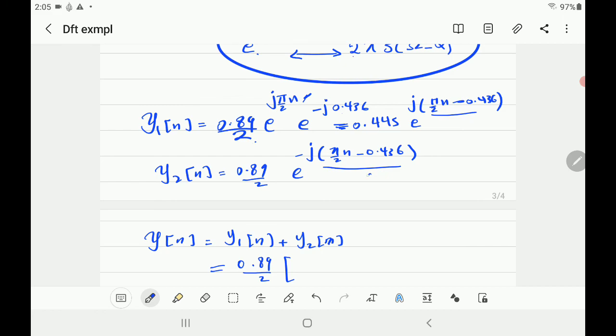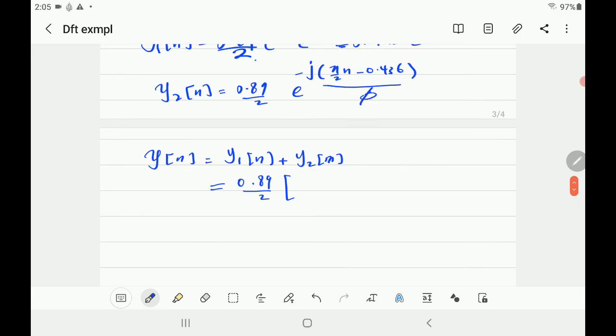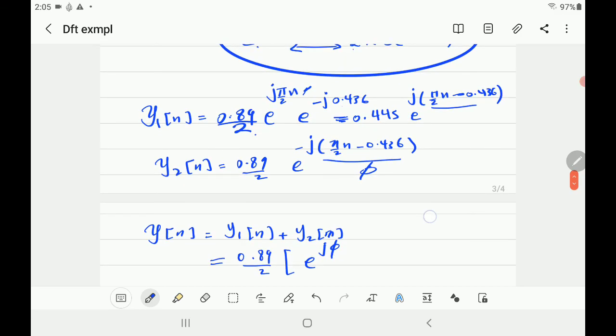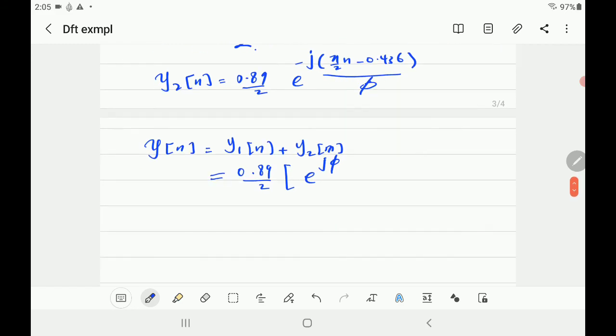Let's call it another angle, like phi, for example. So you have e to the power plus j phi plus e to the minus j phi. And this 2, you can take it here. That's why, see, I left it here. This formula represents the cosine. So you have 0.89 cosine phi.